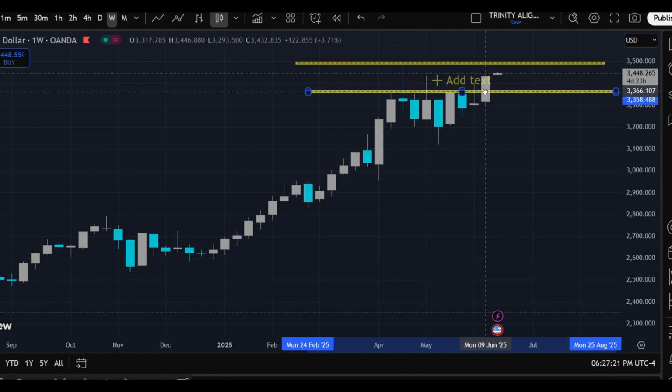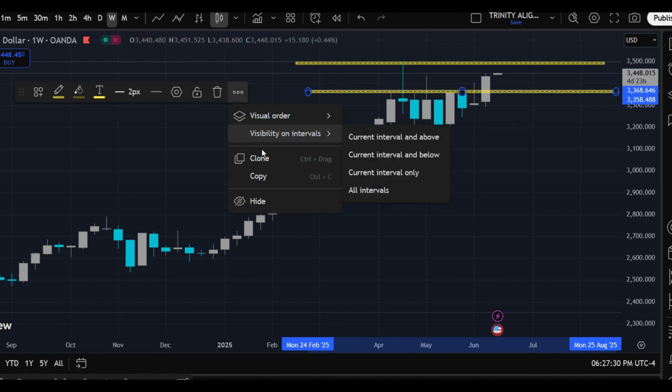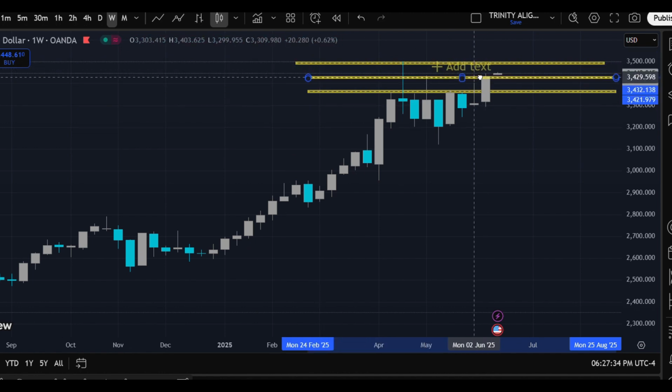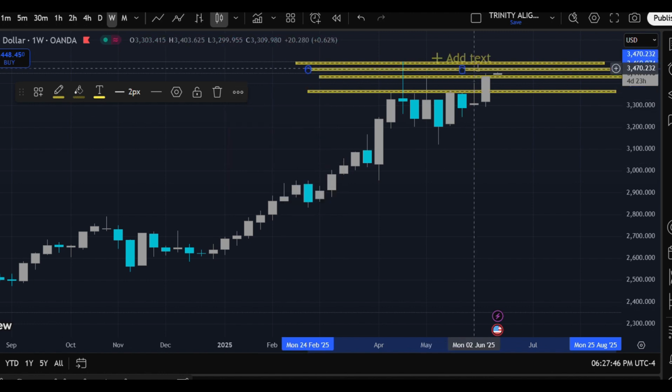One right here, because it reacted right here, and then we have another one right around here because it reacted here. Of course I would put some at the bottom.